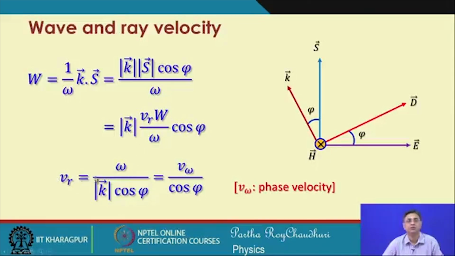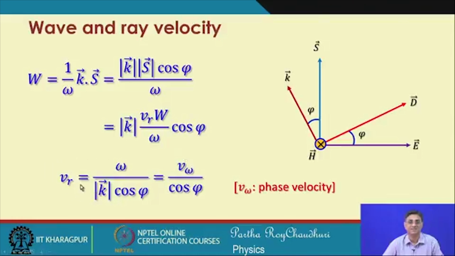So, V r you can write in this form omega by mod k cosine phi. So, we get a beautiful relation that V r equal to V omega by cosine phi, because omega by k gives you the wave velocity.